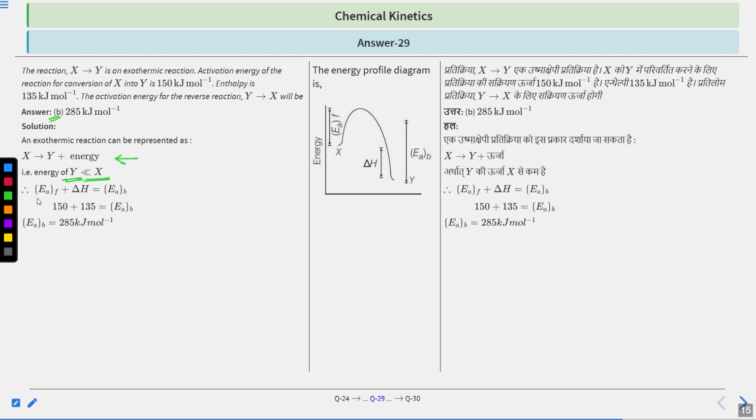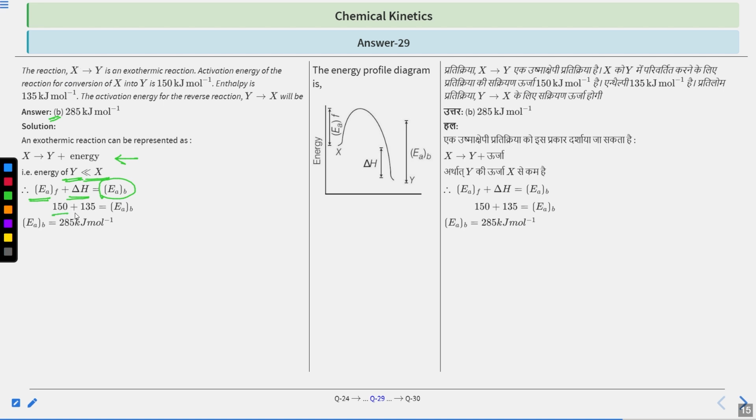Therefore, we can say that the activation energy for forward reaction plus del H is equal to the activation energy for the backward reaction, that is reverse reaction. This we have to find out, right? So we just put the value. We have given the activation energy for the X to Y reaction, that is 150 kilojoule per mole.